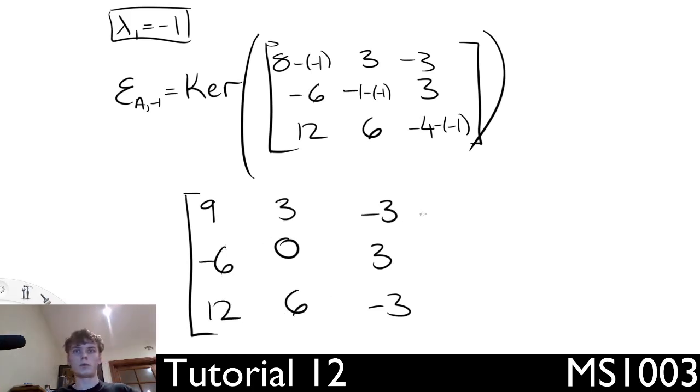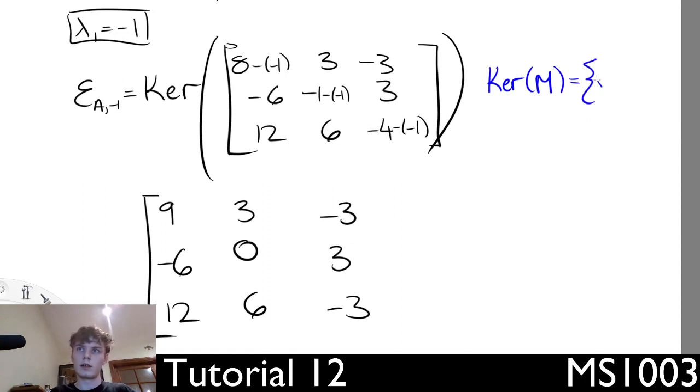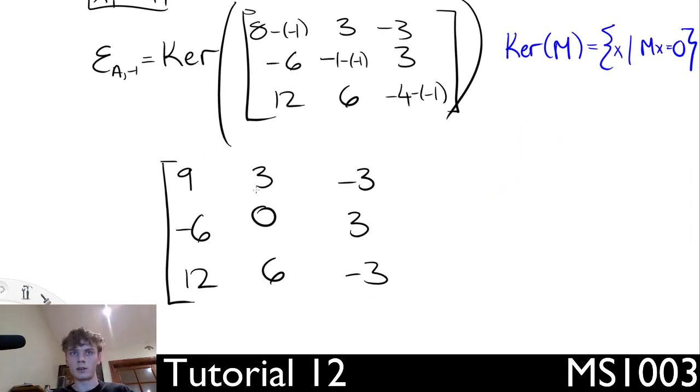And so remember that the kernel of some matrix M is the set of all x such that Mx equals 0. Okay? So the kernel of this matrix is going to be the set of all vectors such that when we apply the matrix to it, we get 0.